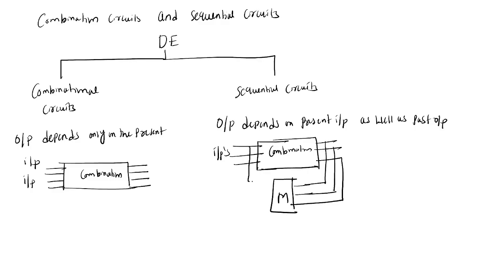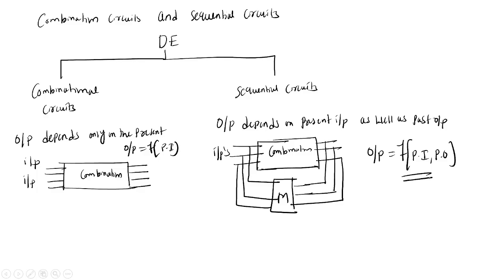So basically, we are discussing the difference between combinational and sequential circuits. In a combinational circuit, the output is a function of only the present input, and in a sequential circuit the output is a function of the present input as well as the past outputs. In a combinational circuit there is no feedback and no memory.